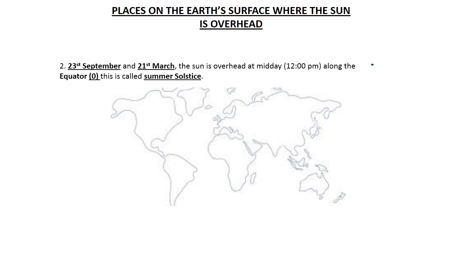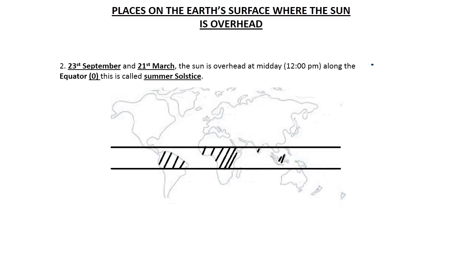So the sun is in the middle around 12 hours. It is directly overhead. So for the countries along the equator, the sun is overhead on 23rd September and 21st March. Again, please take note of these dates. If possible, write them down.